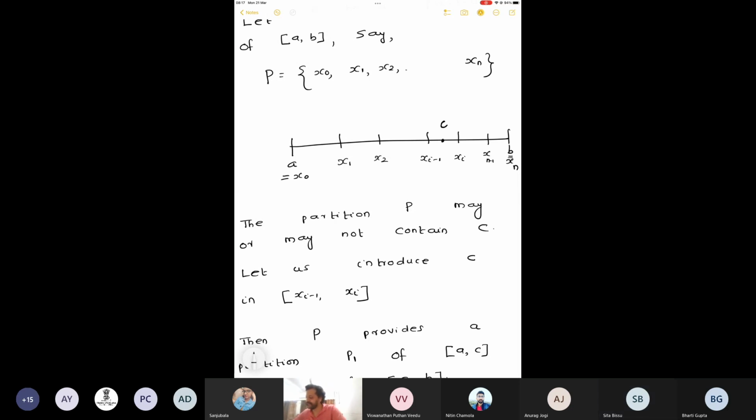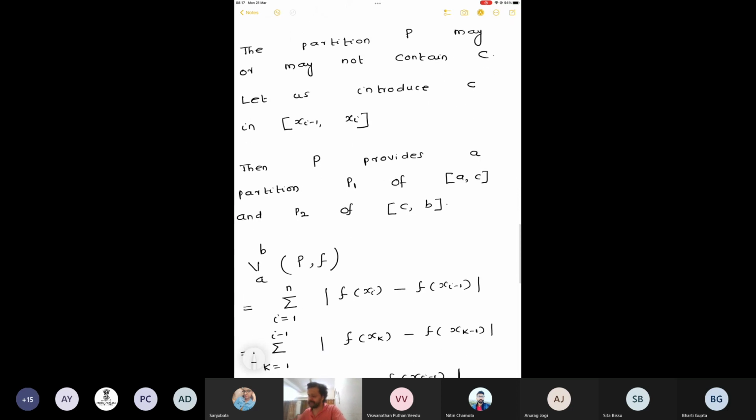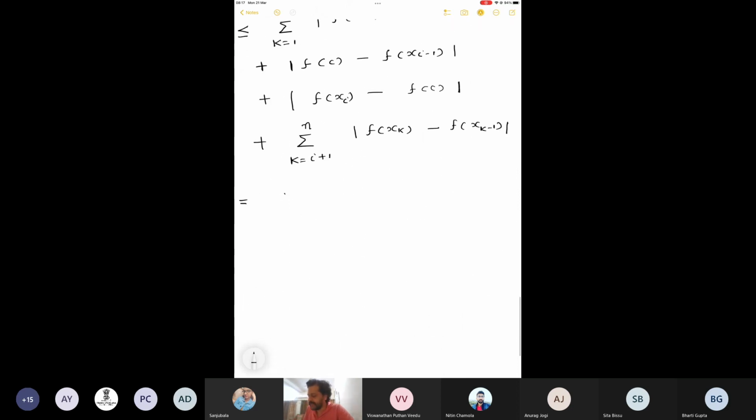It's the variation of f over the interval AC corresponding to the partition P1. Function is the same, f. Similarly, the third and fourth terms summed up will give you the variation of f corresponding to the partition P2 over the interval CB.